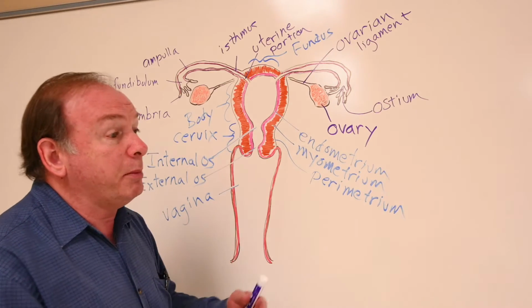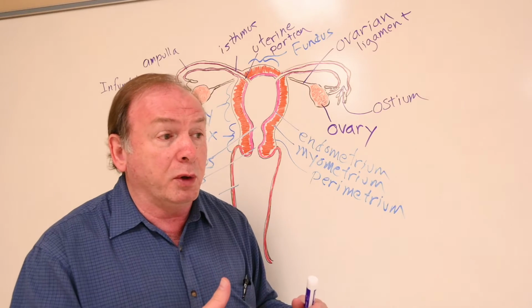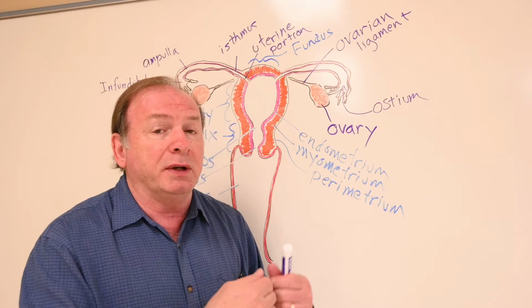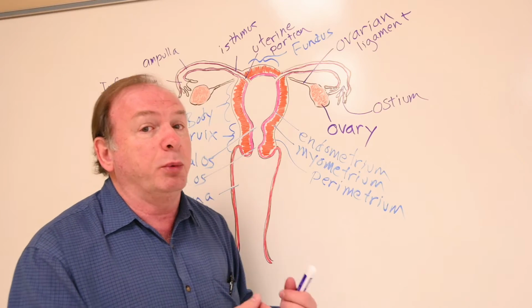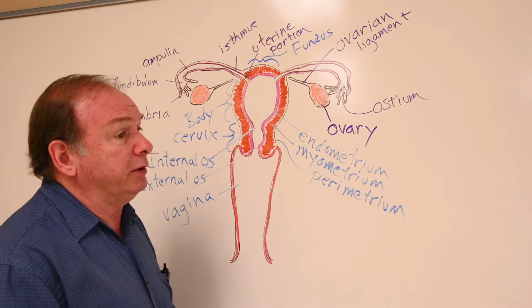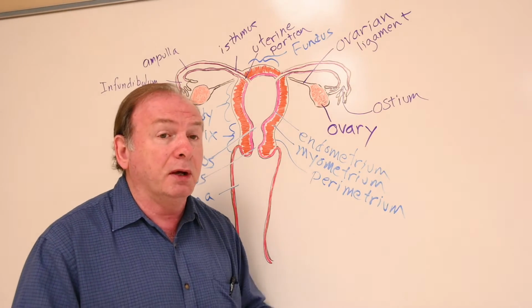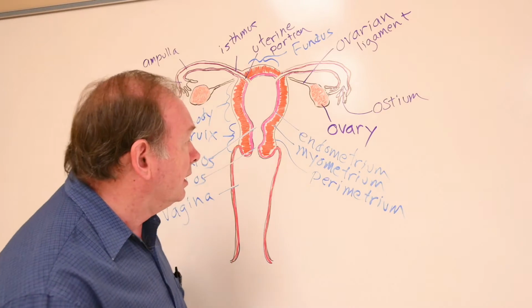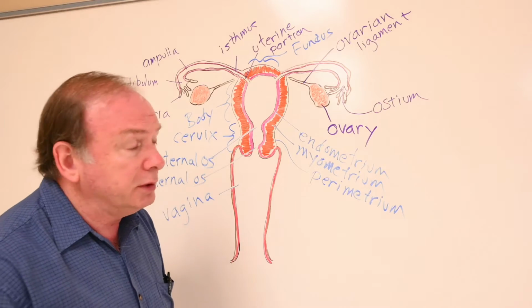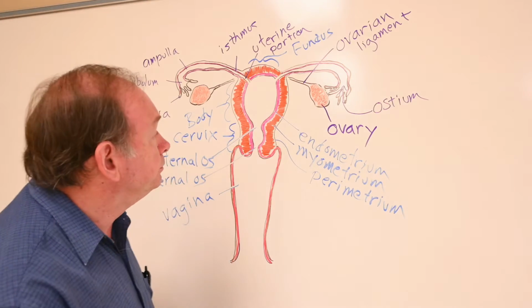And then generally after day 14, changes that occur within the uterine wall are not to increase its thickness overall, but increase the number of glands and blood vessels that are present in the uterine lining, in the endometrium. We refer to that as the secretory phase. So we have a proliferative phase followed by a secretory phase of endometrial development, controlled by the hormones that are being released from the ovary.